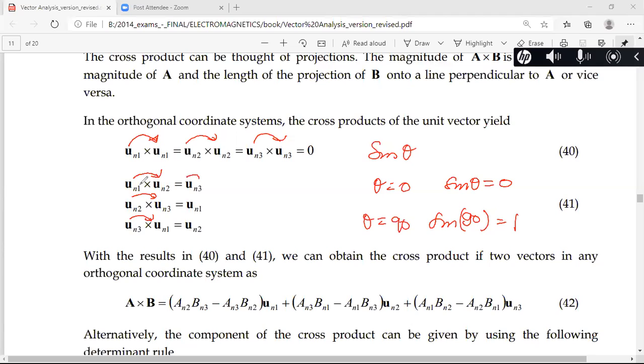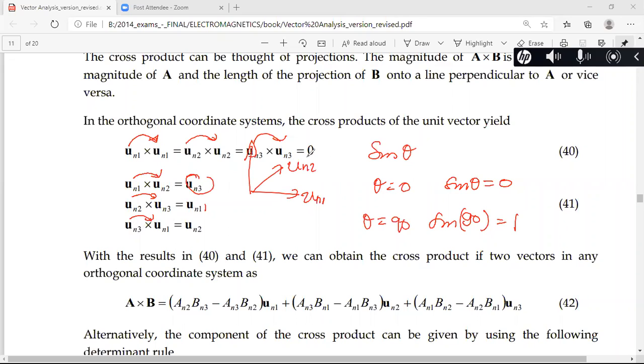When you take the cross product of UN1 and UN2, you get UN3. UN2 cross UN3 gives UN1. UN3 cross UN1 gives UN2. This is because these unit vectors are orthogonal to each other.